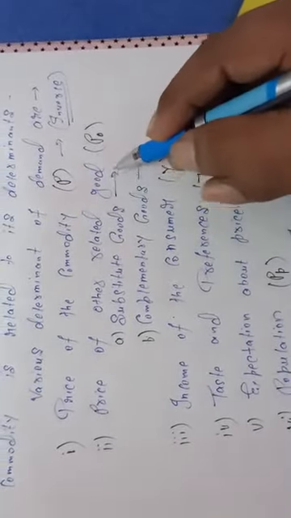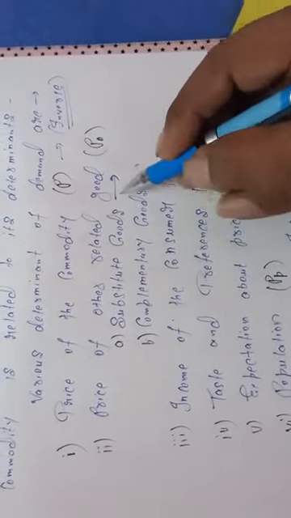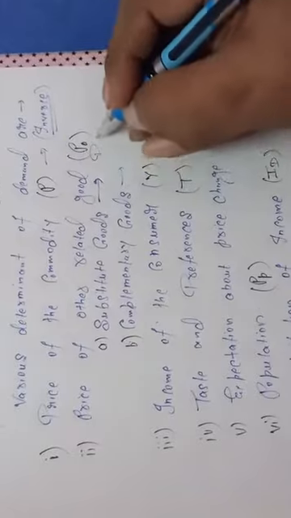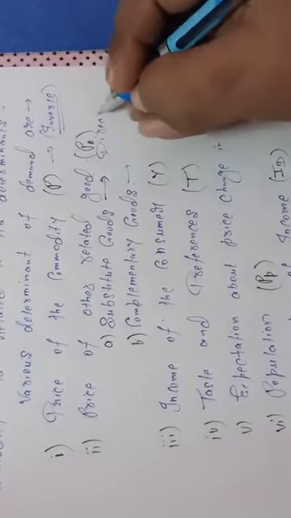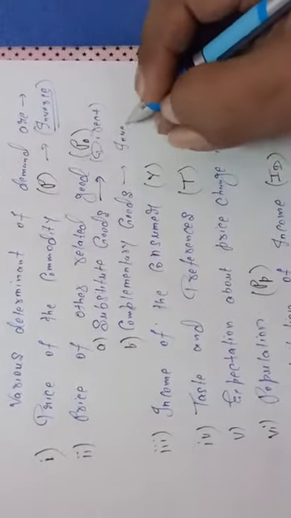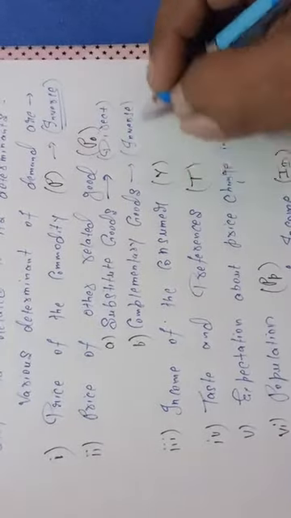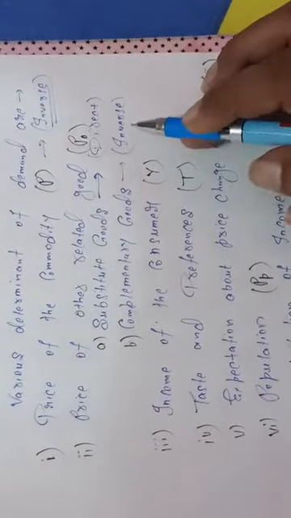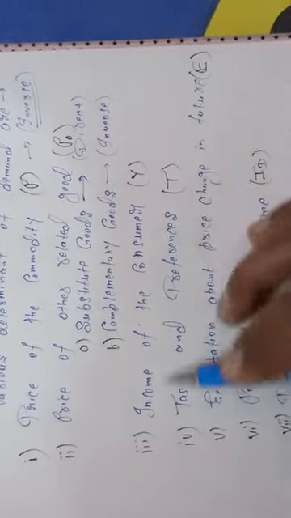In case of substitute goods, if there is a change in the price of substitute goods, then there is a direct relation. And in case of complementary goods, there is an inverse relation. Okay. Now come to the third one, income of the consumer.